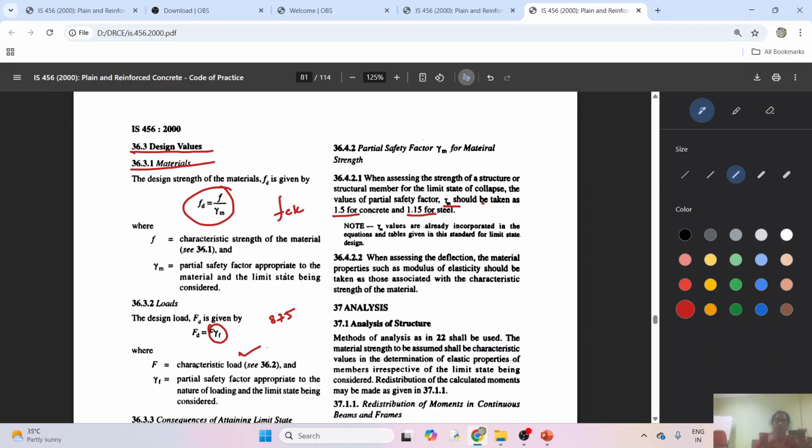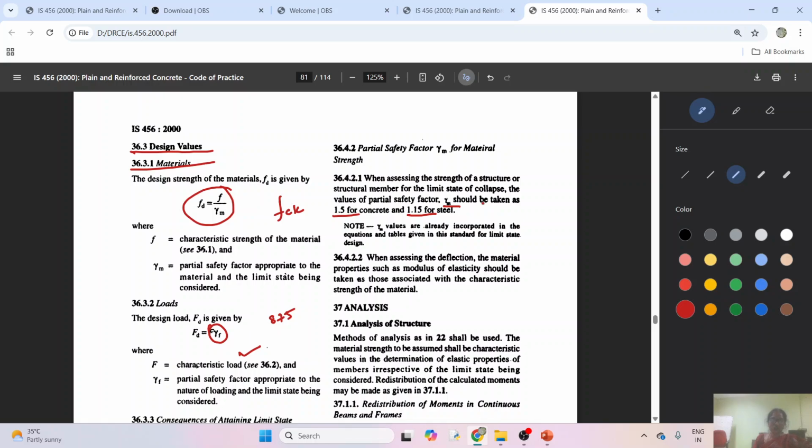A higher value of partial safety factor for concrete, 1.5, has been adopted because there are greater chances of variation of strength of the concrete due to improper compaction, inadequate curing, and variation in properties of ingredients.